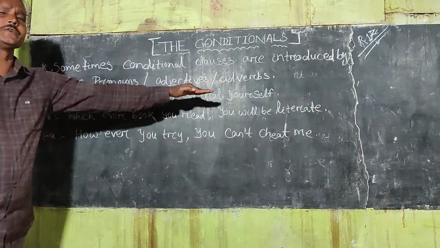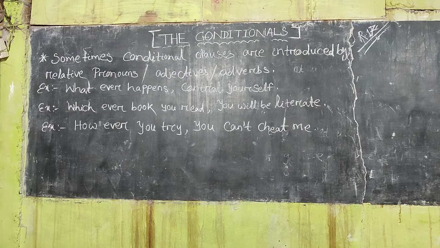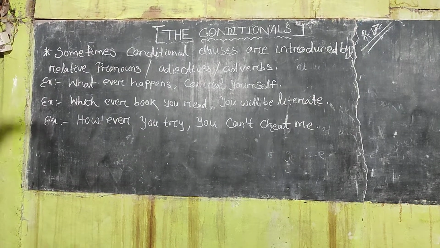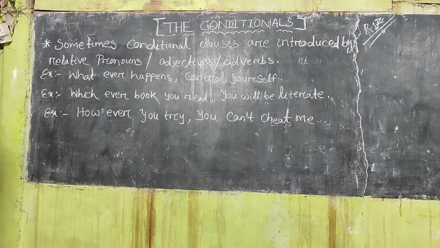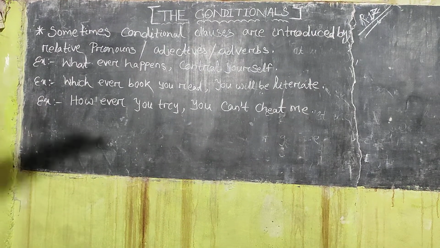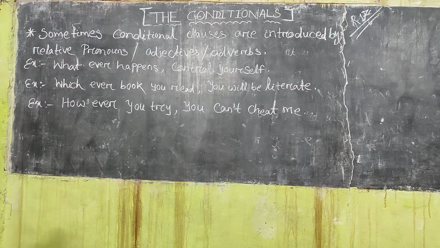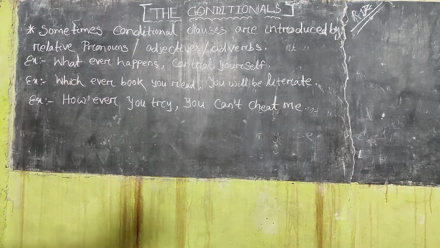Whatever happens, control yourself, is a conditional sentence. Which book you read, you will be literate, is also a conditional sentence. However you try, you can't cheat me, is also another conditional sentence.